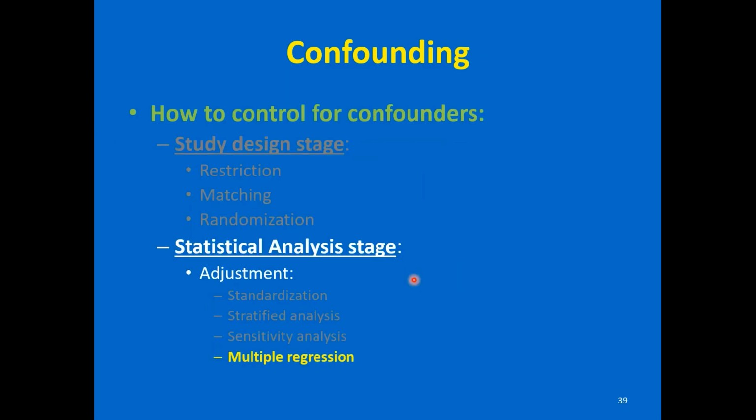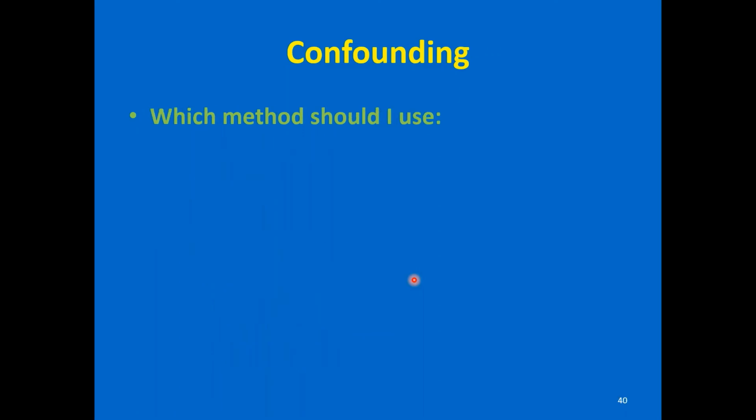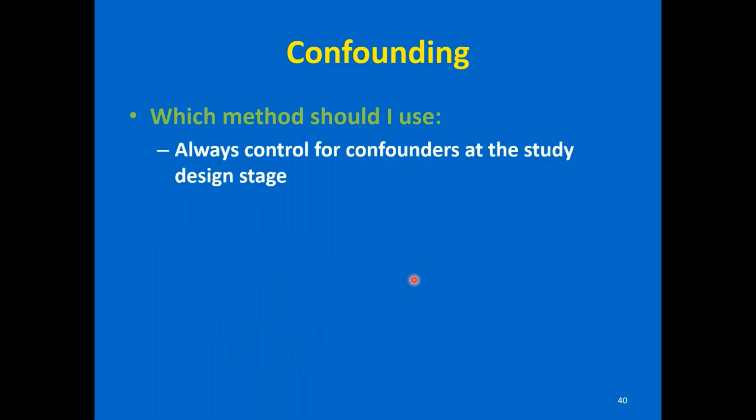And then finally, looking at controlling for confounders at the statistical analysis stage using multiple regression. If I'm asked which method I should use for confounding, I would say confounders are problematic variables, and confounding is a problem that I should always look after and control for at the study design stage.